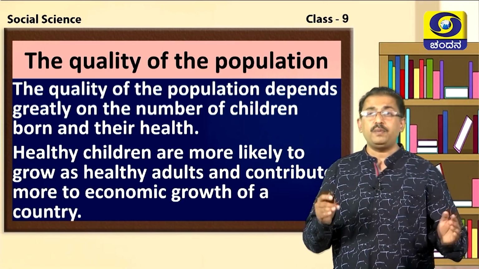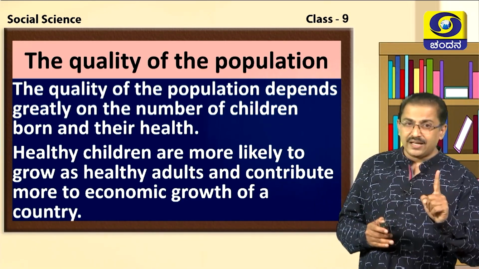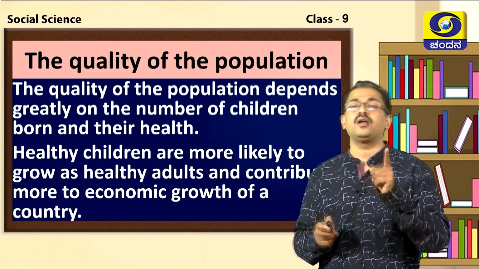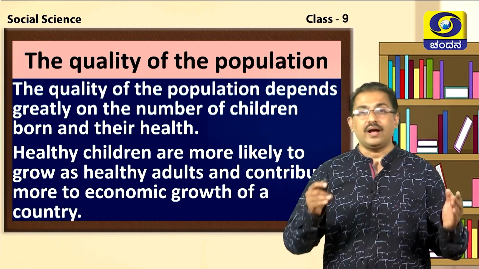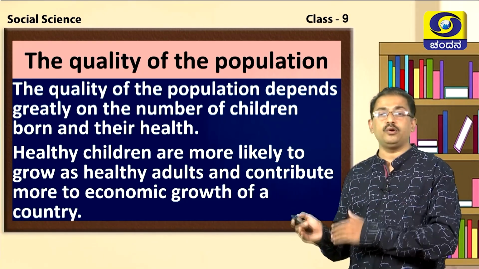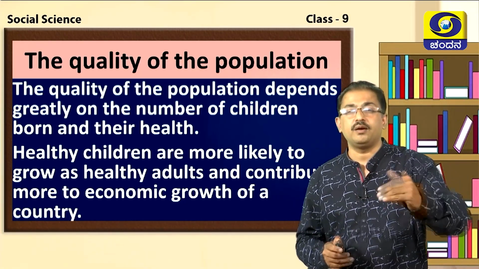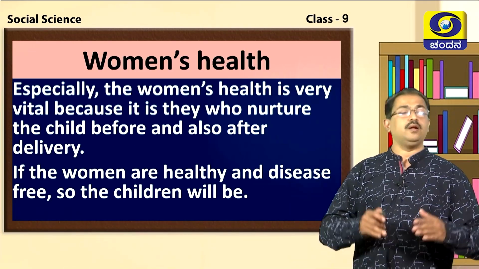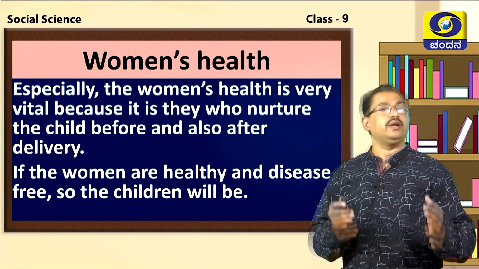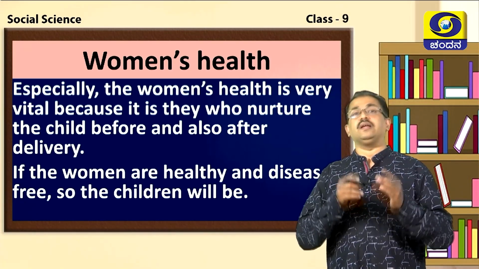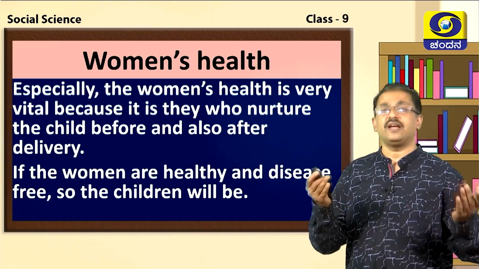The quality of population depends greatly on the number of children born and their health. Healthy children are more likely to grow into healthy adults and contribute more to the growth of the economy of a country.